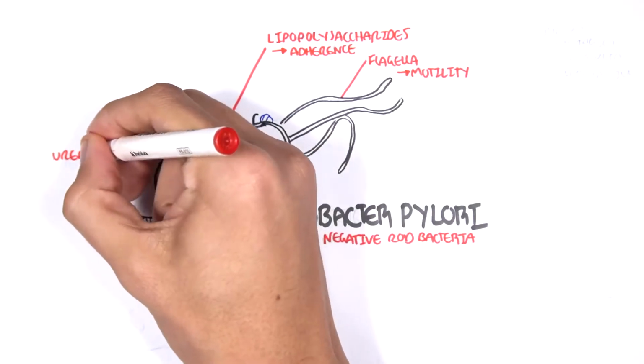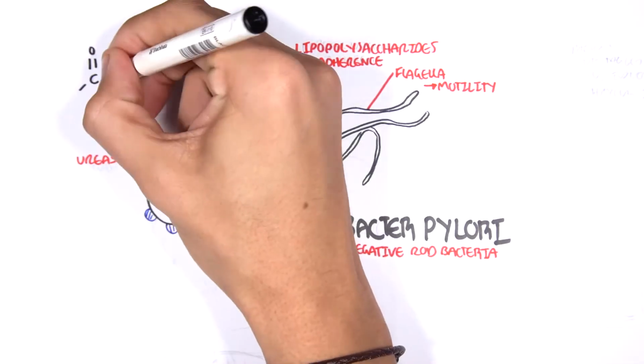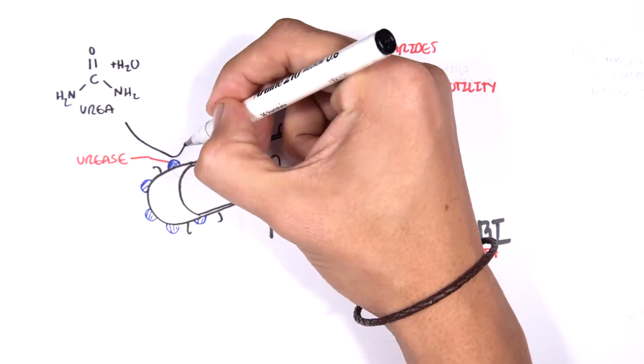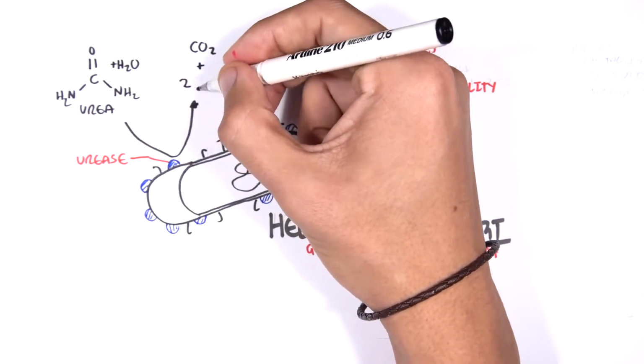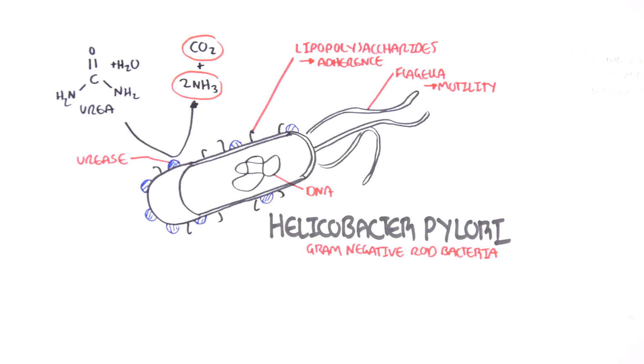Urease is very important in Helicobacter pylori survival. What urease does is convert urea and water to carbon dioxide and ammonia. And this is important, and we'll soon see why. But essentially, ammonia, which is NH3, is quite basic, so it's alkaline.